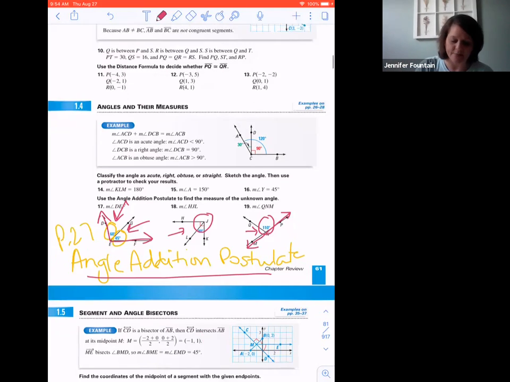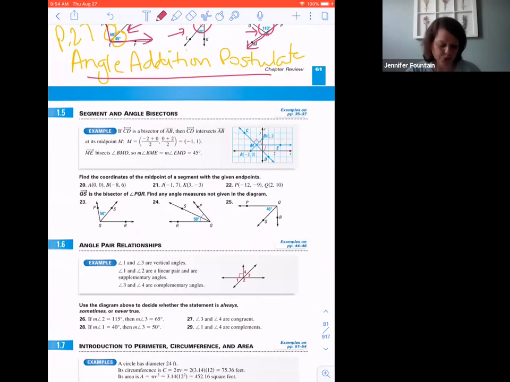All right, 1.5, segment and angle bisectors. Again, talking about bisectors. Turn to 1.5 real quick. We know that a bisector intersects at a midpoint.